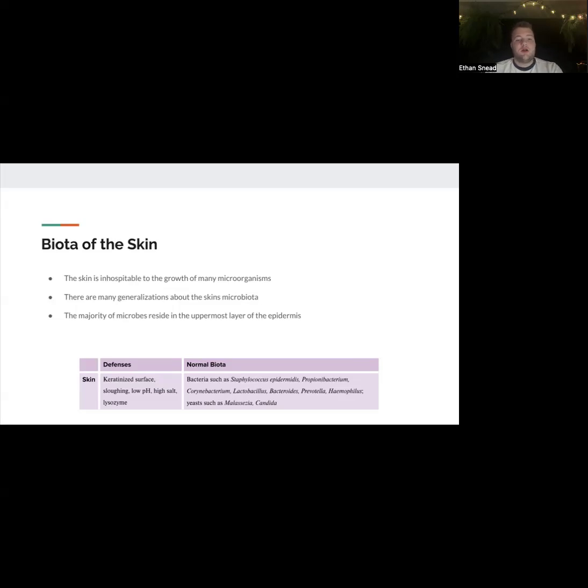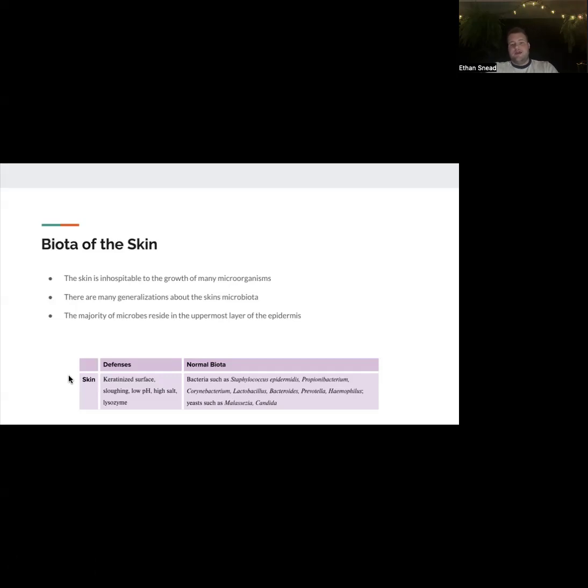There are large differences among people with respect to the types of microbiota, and an individual's own skin microbiota is relatively stable over time. The majority of microbes reside in the uppermost layer of the epidermis, and nearly 25% of all bacteria in the epidermis are localized on our hair follicles.